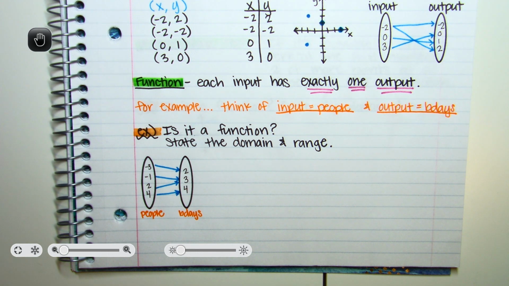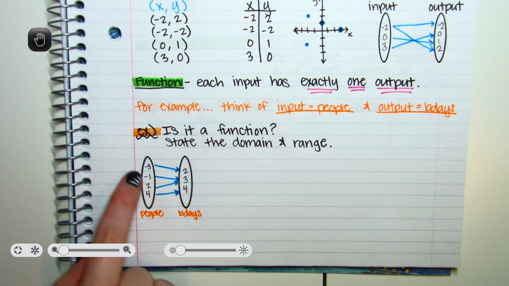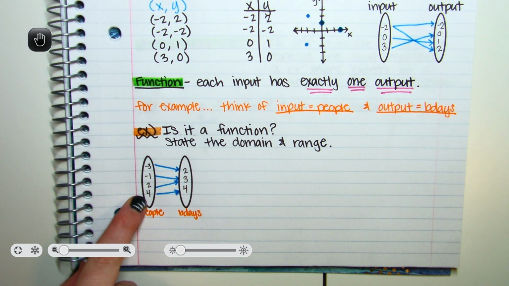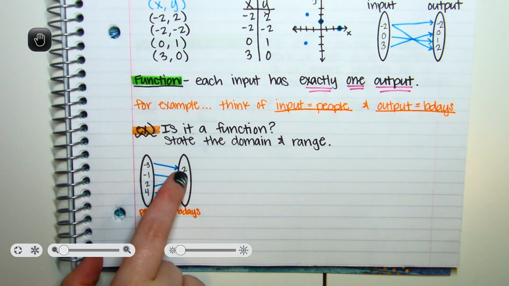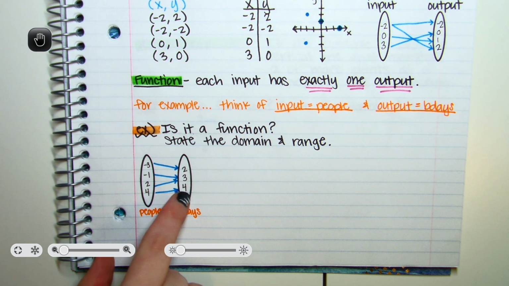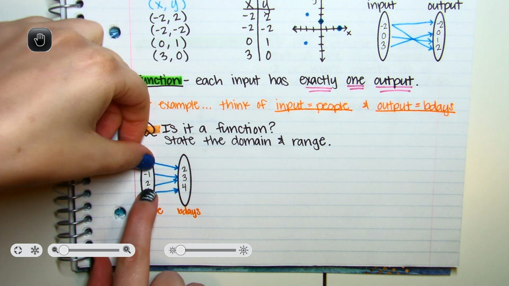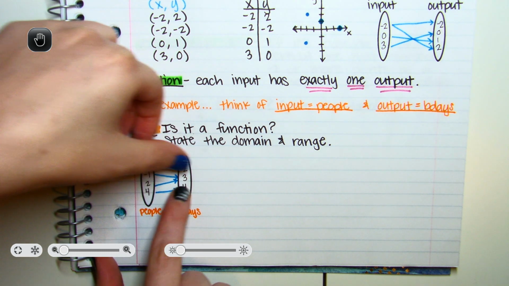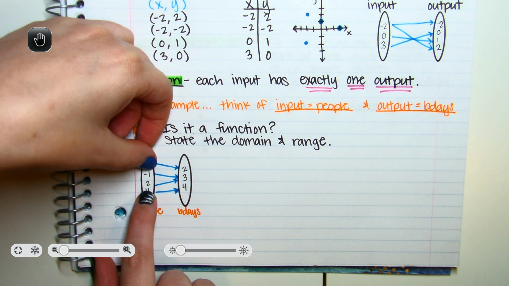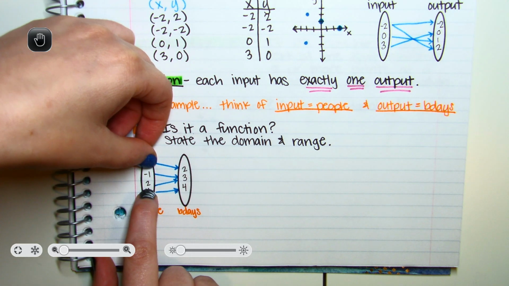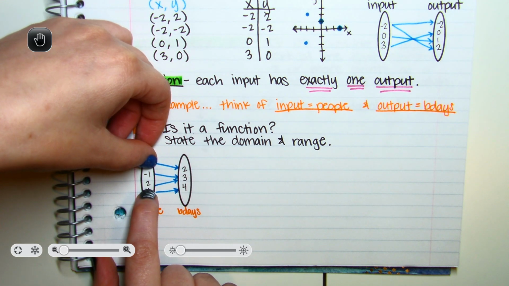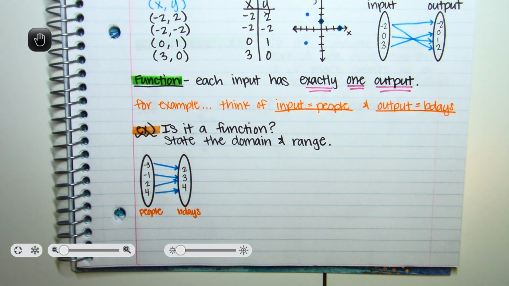So let's ask ourselves, these are 4 different people. They each go to their own birthday. These 2 people here in the middle, are those 2 people allowed to have the same birthday? So ask yourself that. Are 2 people allowed to have the same birthday? Good. You should have answered yes. They absolutely are.